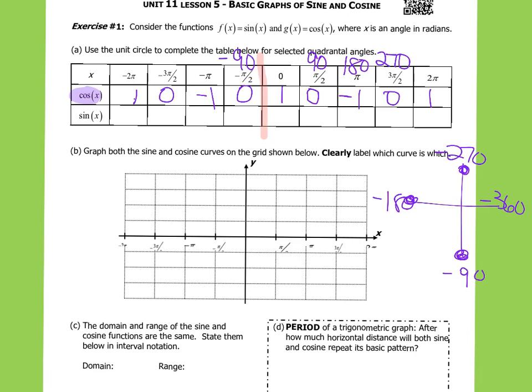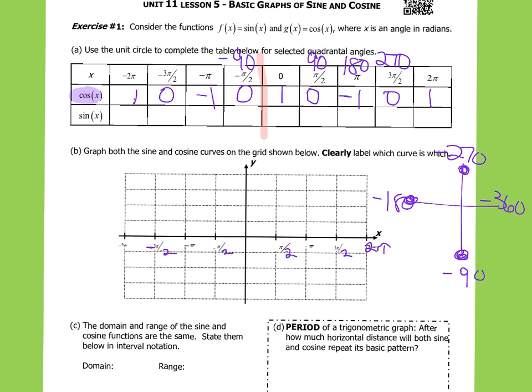So this is pi over 2, pi, 3 pi over 2, and 2 pi. Same thing backwards: negative pi over 2, negative pi, negative 3 pi over 2.